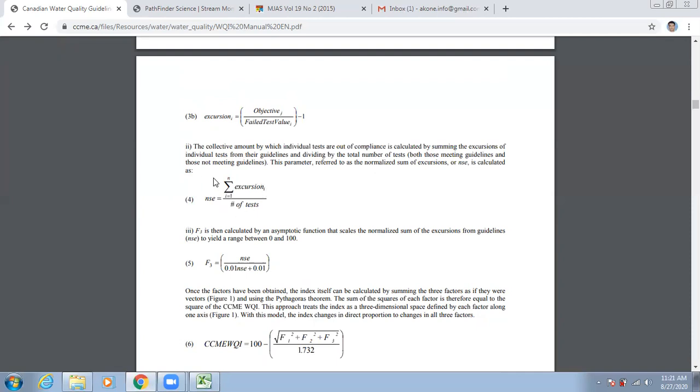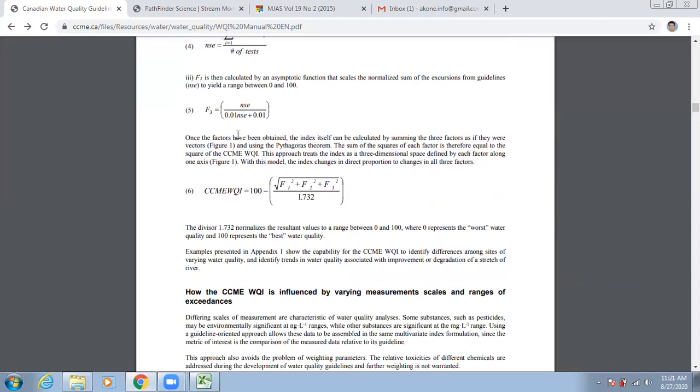Here you can see this formula, NSE, the summation of excursion divided by the number of tests. Then you go for F3. If you have NSE, then F3 is NSE divided by 0.01 times NSE plus 0.01. Then you will get F3.